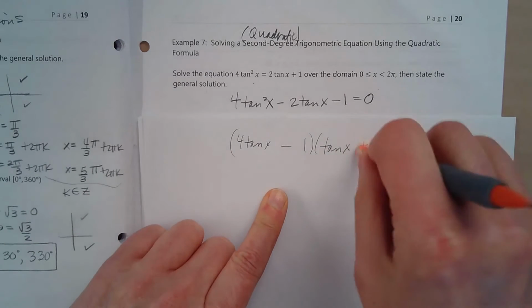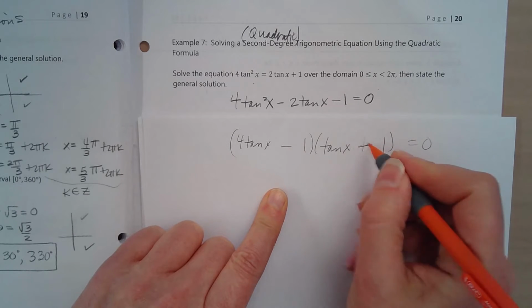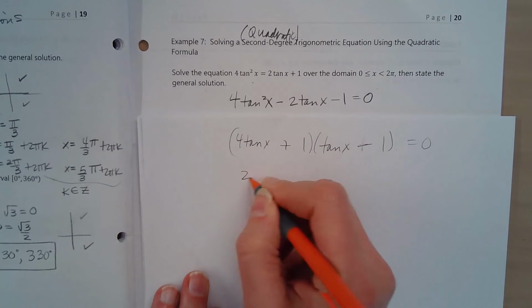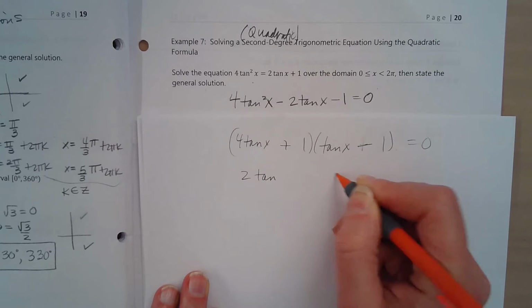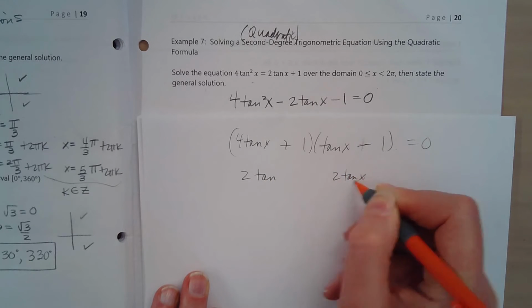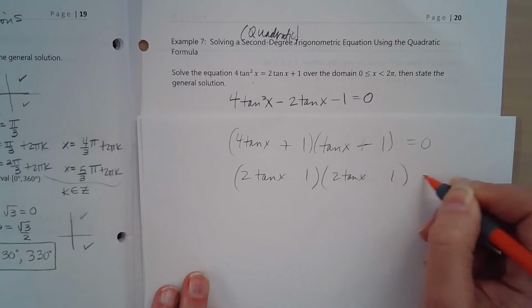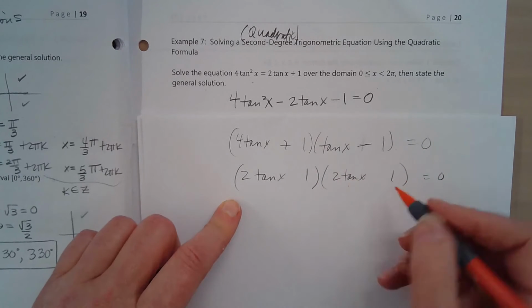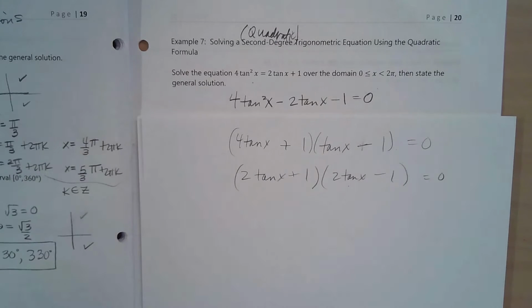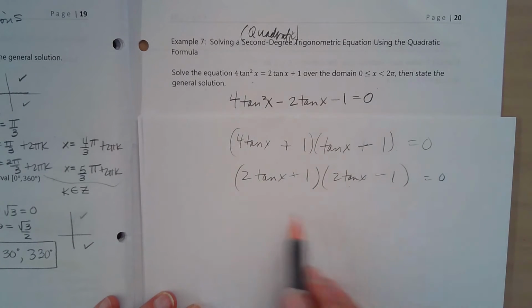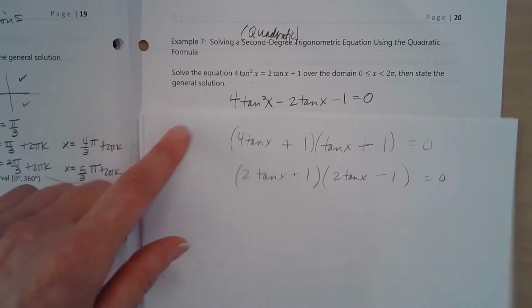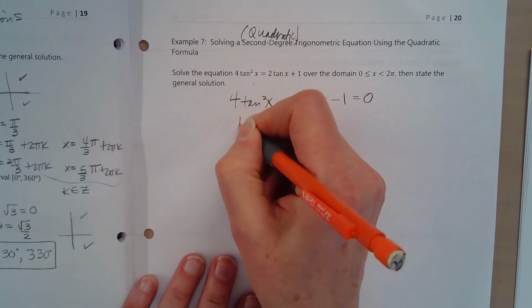I could try this as a negative and this as a plus. I could try 2 tan and a 2 tan, and that's about my only options. Ones here, and I could play around with my pluses and minuses, but there's no way I'm going to get it. My response is, this is not factorable.